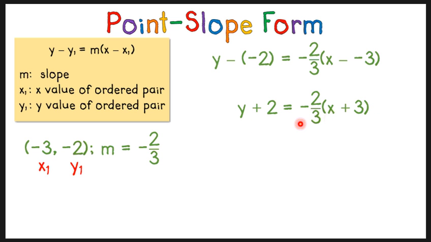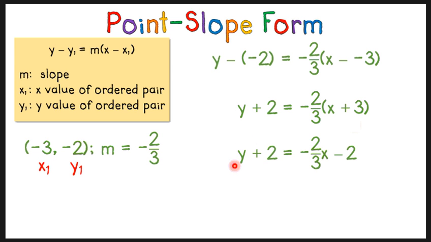Our next step in our work to convert point slope into slope-intercept form is to distribute the -2/3 to both terms in the parentheses. So when we do that, we would have y plus 2 equals -2/3 x, and -2/3 times a positive 3 would leave -2.